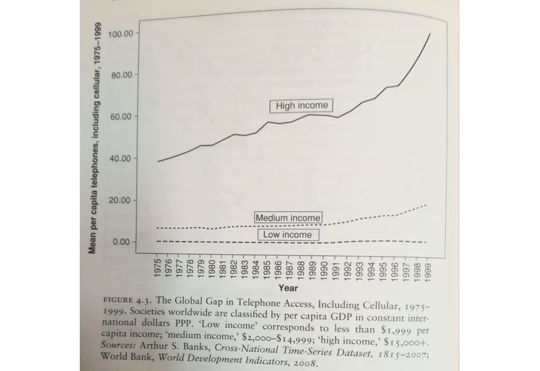So as we can see, the global gap has grown tremendously, especially since the 1990s. And by 1999, the mean per capita telephones in high income countries was around 100, while in medium countries it was around 20, while in low income countries it was around 0.